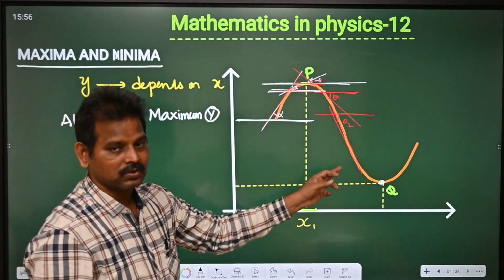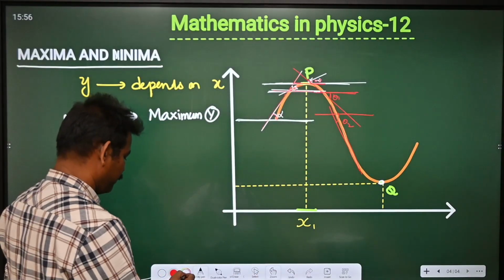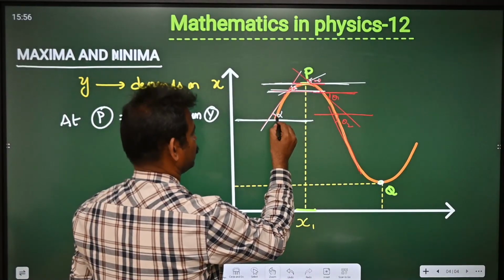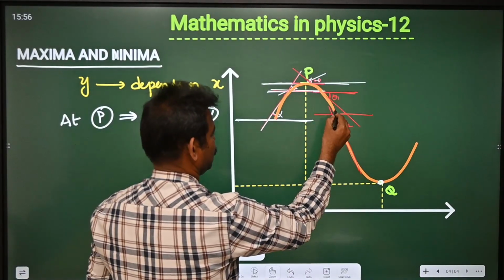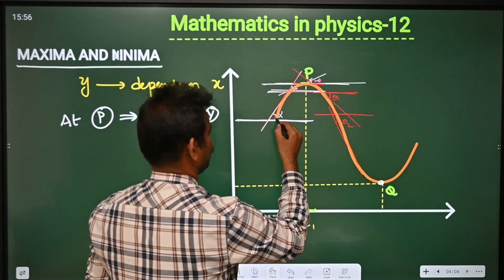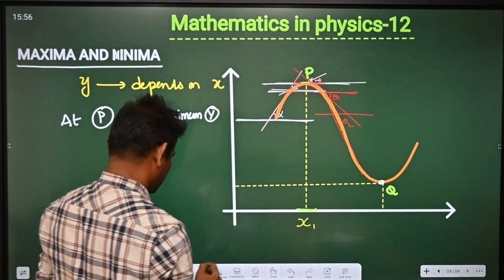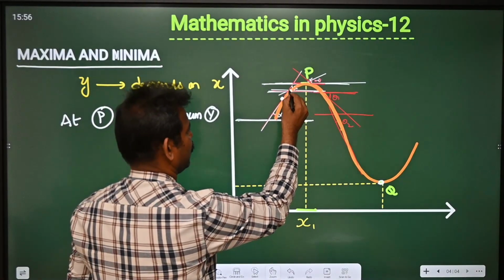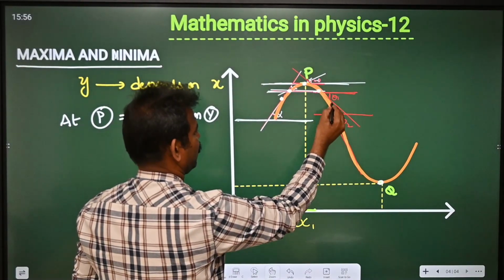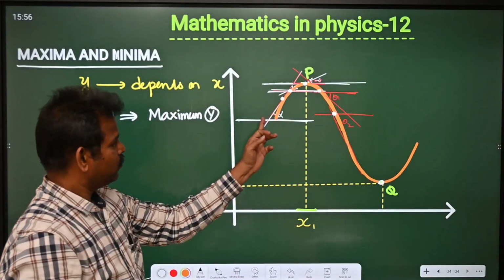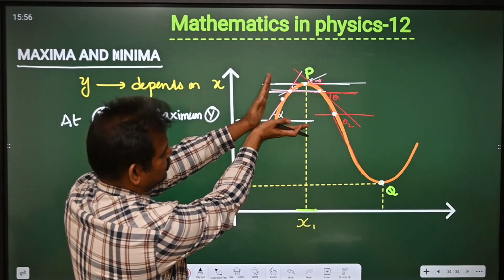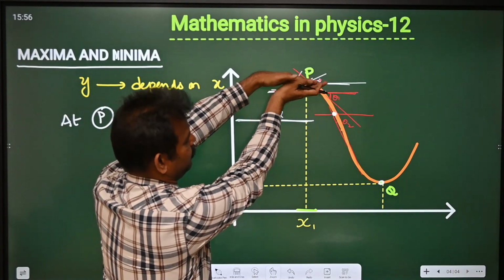And if you observe this one, students, as we move from here to here, we have different points, point 1, point 2, point 3, point 4, point 5. From here to here, the slope of this curve with the x-axis is decreasing and becoming 0.